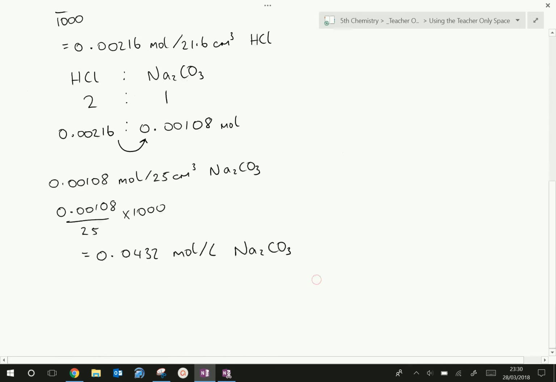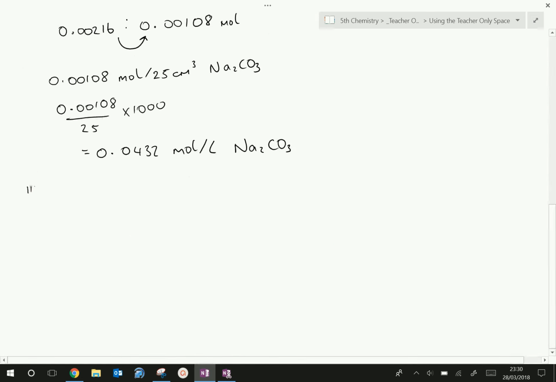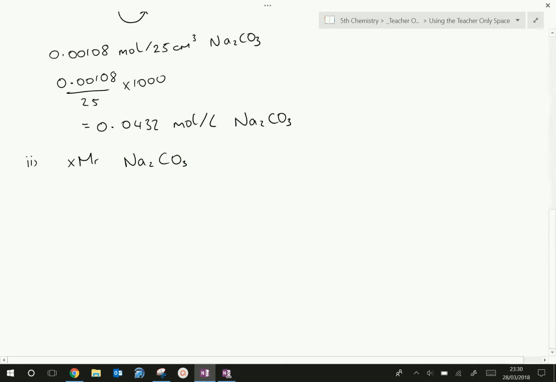But now it wants grams per litre. So to convert my moles per litre into grams per litre, I need to multiply by the molecular mass of sodium carbonate. So if we add up the atomic masses, we have 2 23s for my sodiums, a 12 for the carbon, and 3 16s for the oxygens, and that will come out to be 106.